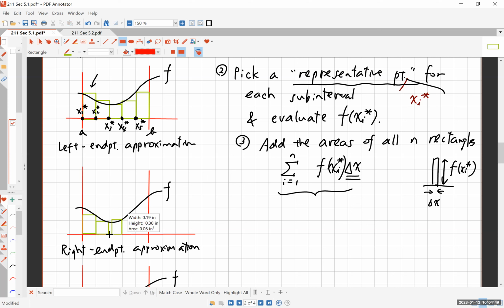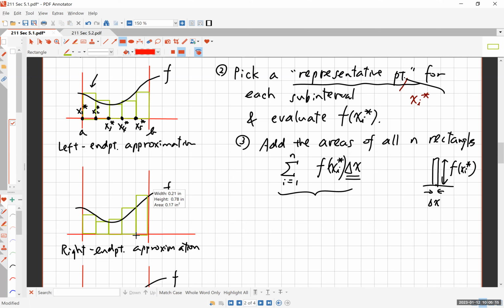For the third one, it's right here. So this one is going to be maybe slightly an overestimate. And for the fourth one, I picked the right endpoint for the fourth subinterval. So I evaluate the function here. That would be the height of my rectangle. And so that is my rectangle. And then for the last one, I take the right endpoint, which happens to be B, and that would be the height.